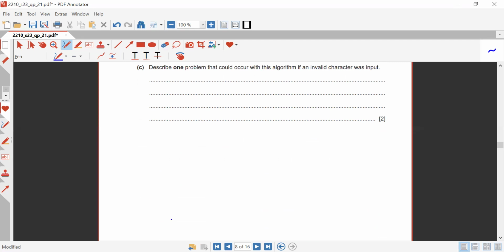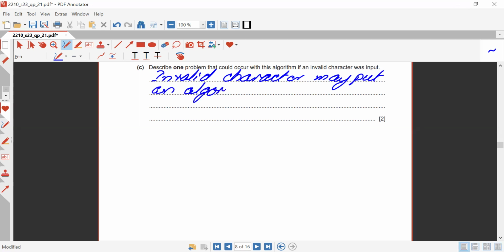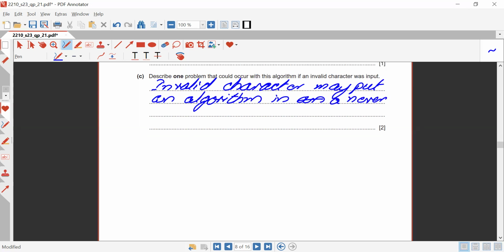Okay, so you can write it down: invalid character may put the algorithm in a never ending loop, or you may write infinite loop as well.